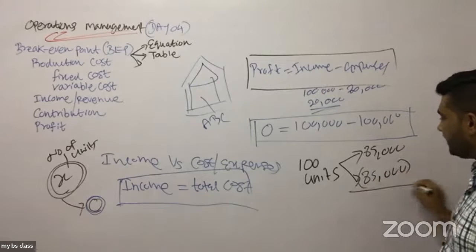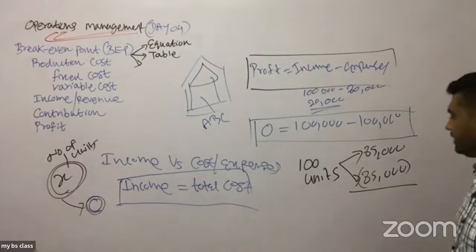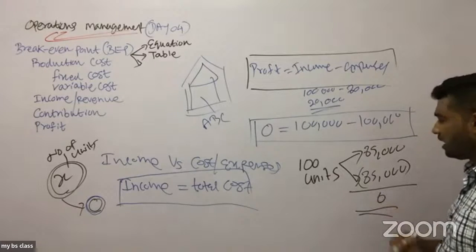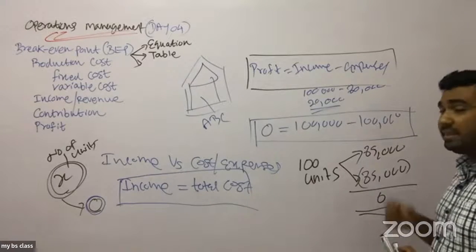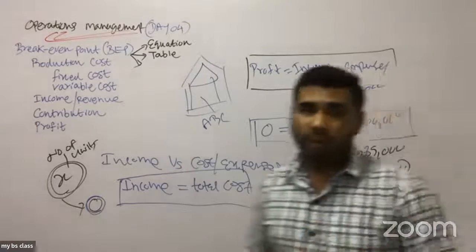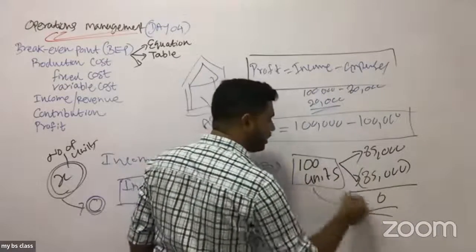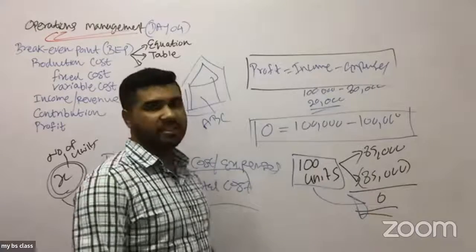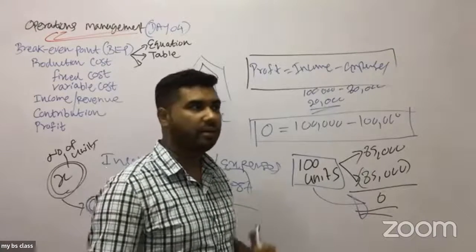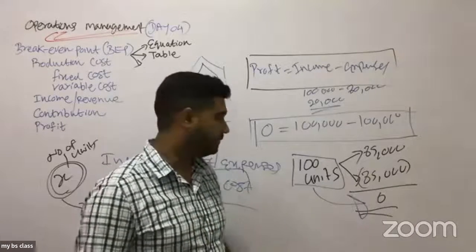When I deduct expenses from income, I get 0. Now I would say in this business, the break-even point is 100 units, because when you sell 100 units, your profit is 0. Right? Neither profit nor loss.